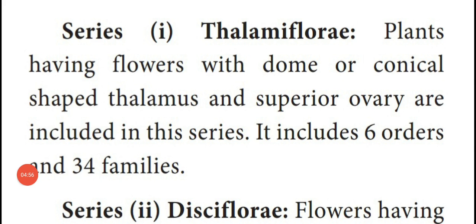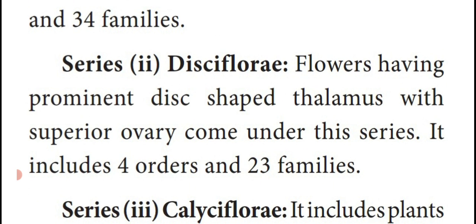First one, series 1, Thalamiflorae. The shape of the thalamus is dome shape or conical shape with a superior ovary. It includes 6 orders and 34 families. Then the second series, Disciflorae. The thalamus is disc shaped with a superior ovary.